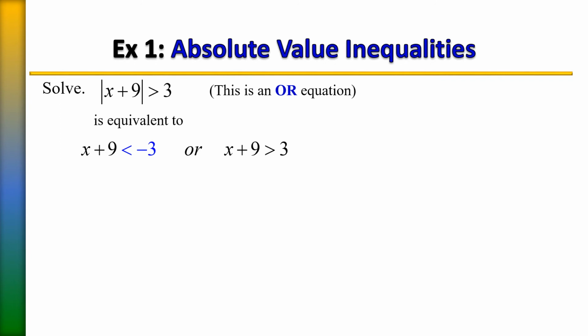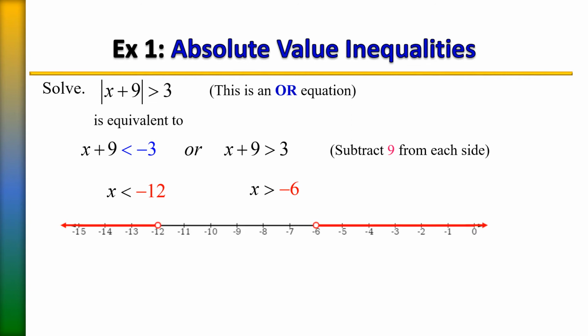So let's go ahead and subtract 9. Once we subtract 9 from the -3 we already have, that's going to give us x is less than -12. For the other one, we also need to subtract 9 from each side. And when we subtract 9 from each side, what we're going to get is x is greater than -6.